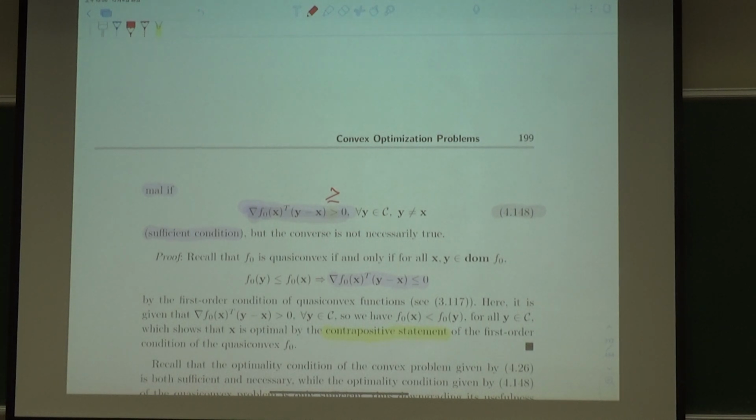If it is a convex problem, then it's if and only if. But now, for quasi-convex, here it is strictly greater than 0.